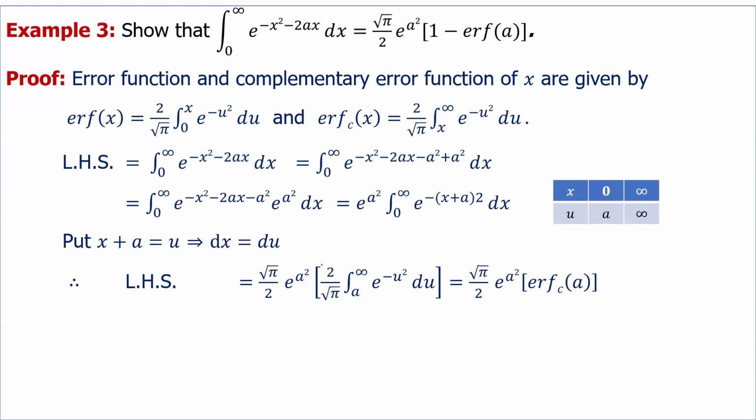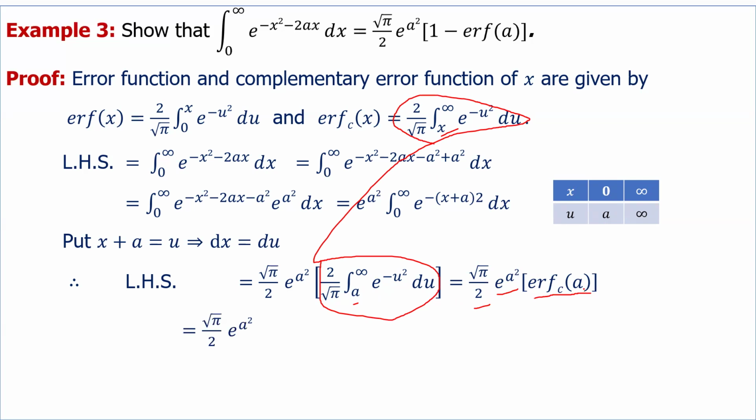If we compare this expression, it is the error function of complementary of a, because in place of x there is a. So we can write root pi upon 2 e to the power a square and error function complementary of a.